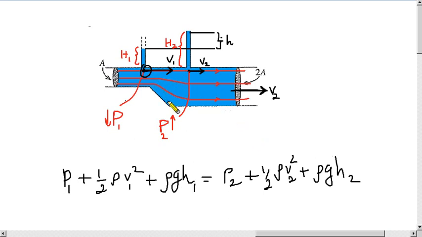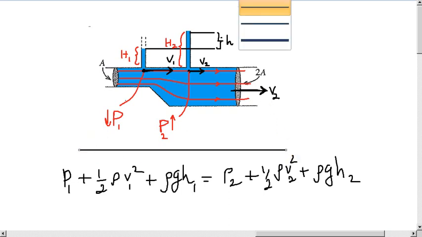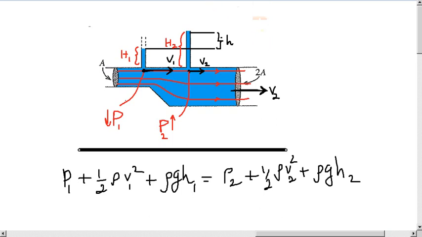To the points of the streamline, the height, that is h1 and h2. So we have to take a zero potential level for that. This one is the zero potential level, the reference level.